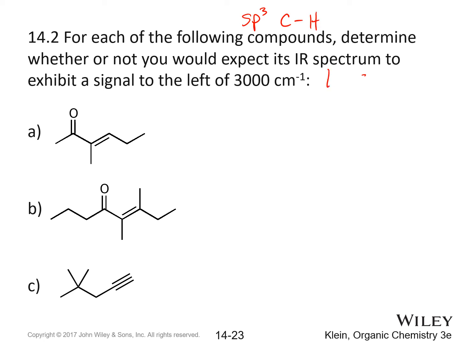What we're looking for are the presence of any kind of sp2 or sp hybridized carbon-hydrogen bond. So you can pause the video and give this one a try. When you come back, we'll look at the answers.